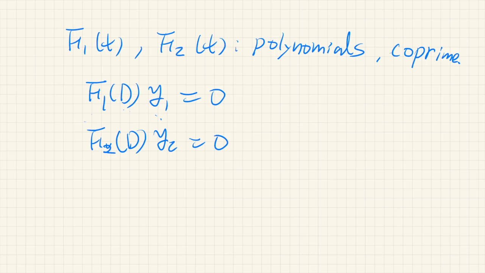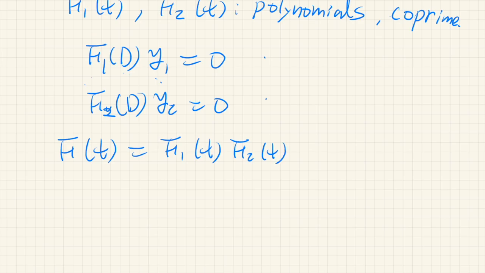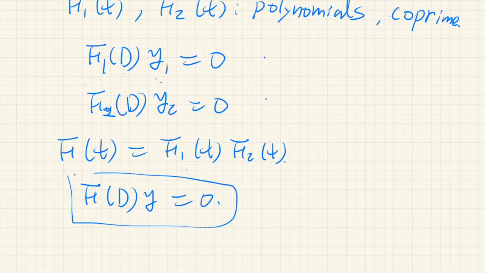So suppose we have these solutions, y1 and y2. Okay, then consider this polynomial, f(t) equals f1(t) times f2(t). So this polynomial is another polynomial that is a composite of f1 and f2. Now we consider another differential equation, f(D) of y equal to 0. Then the question is, what is the solution of this differential equation?